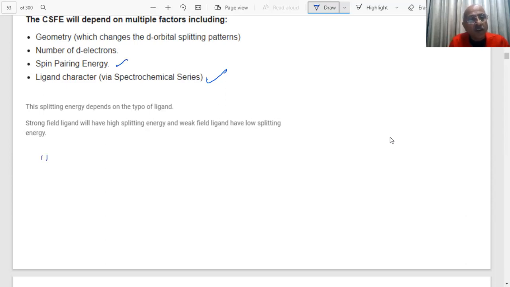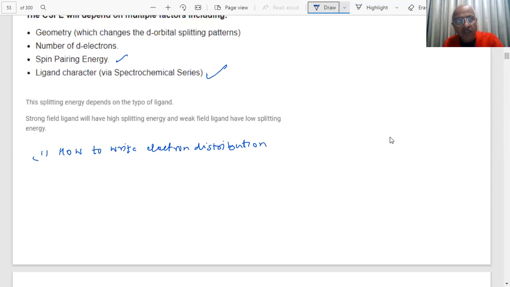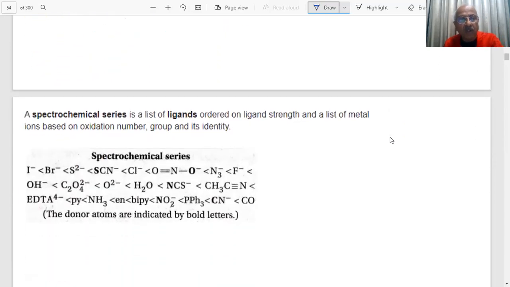The question was how to write the electron distribution configuration when the splitting of d energy takes place. We have seen that up to d3 there was no problem and no difficulty. In the case of d3, you have seen this is the spectrochemical series.